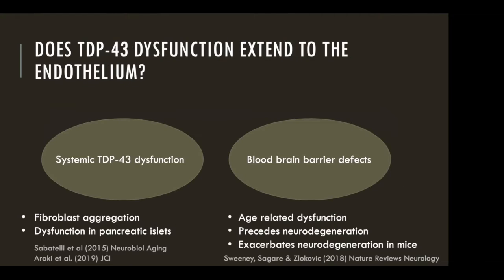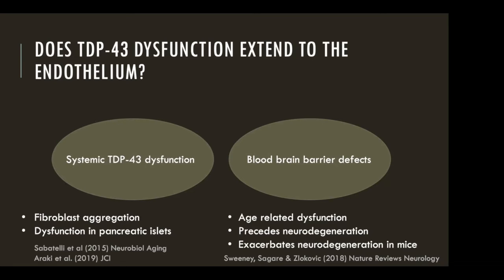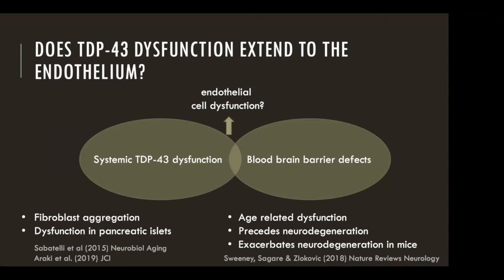Our general hypothesis is that there are some systemic defects in TDP43, for example, but other splice factors as well, and that some of these things were associated with some of the blood-brain barrier defects that occur with age. So in order to study that, we need to look at endothelial cells and look at transcriptional changes in the endothelium in human disease samples.